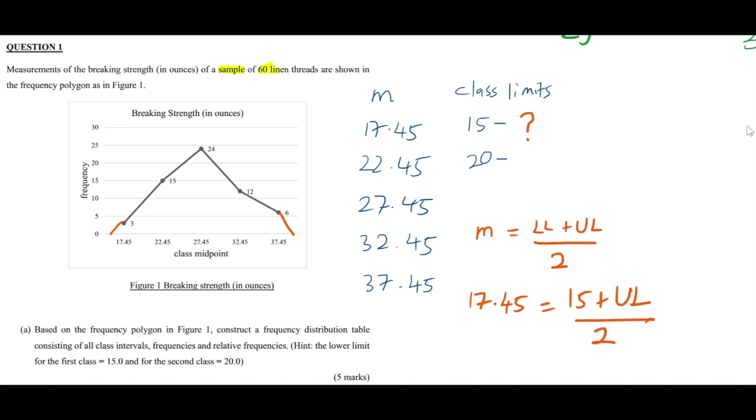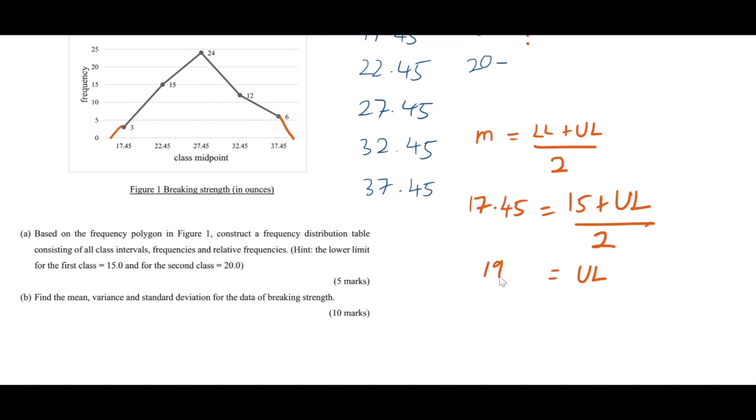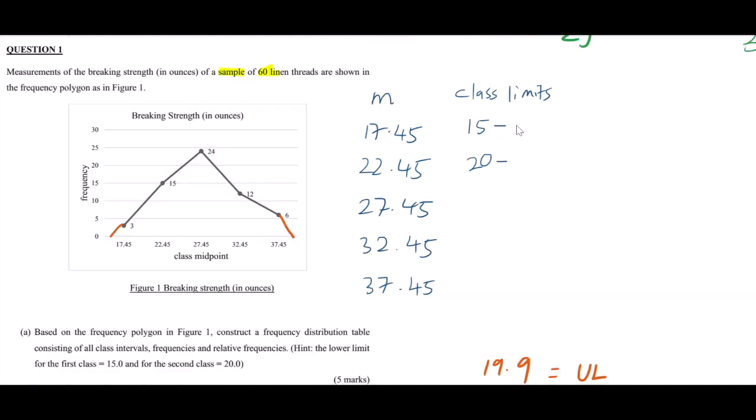The upper limit is 19.9. Okay, so we have 19.9. And what is the class width? Class width would be 20 minus 15, which is 5. And so the upper limit of the next class would be 24.9.